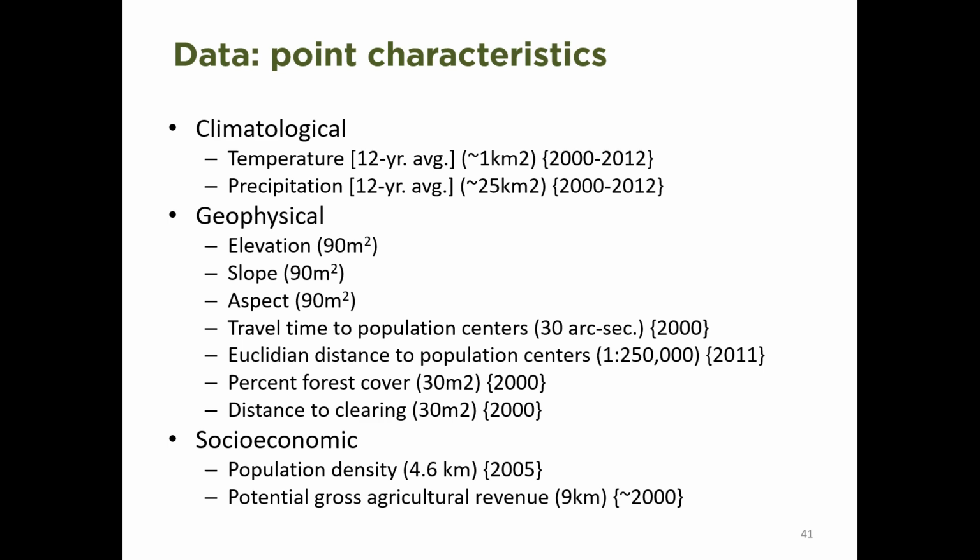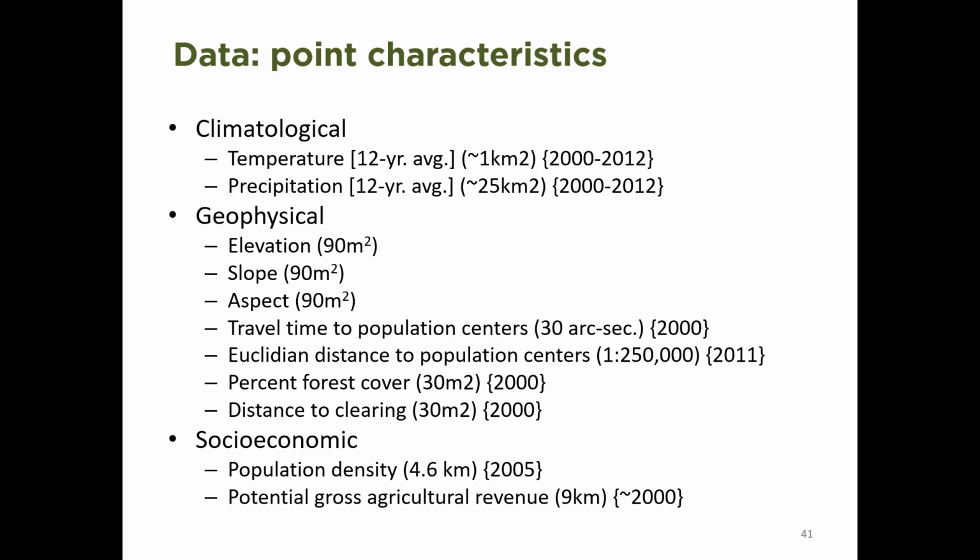It has information on travel time from each point to the nearest population center, the Euclidean distance from each point to the nearest population center, the percentage of forest cover on each point in 2000. So each point corresponds to a 30-meter squared pixel in a forest loss map and a forest cover map.